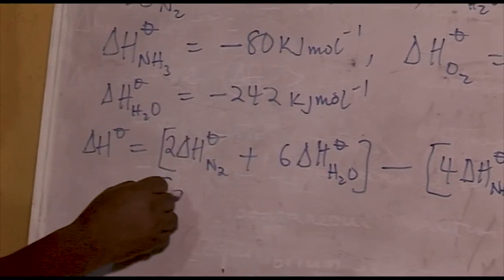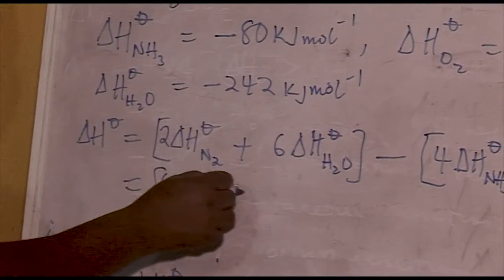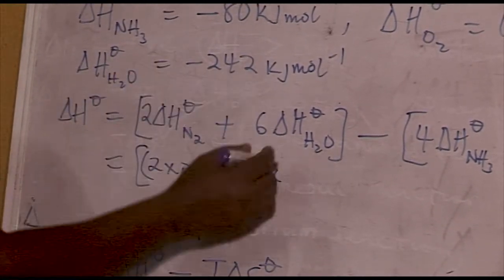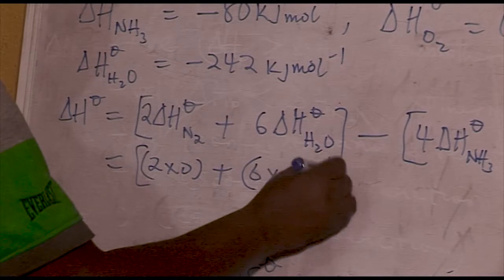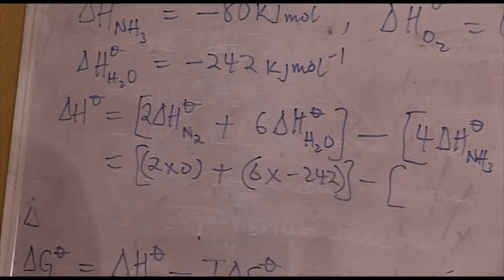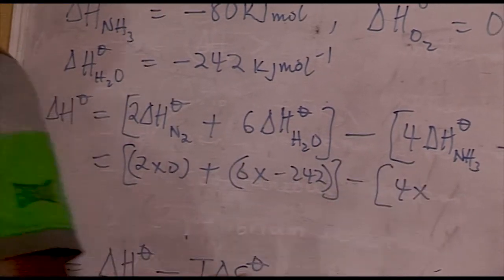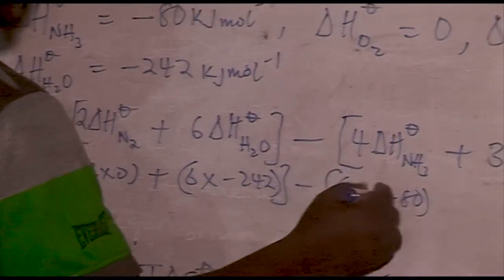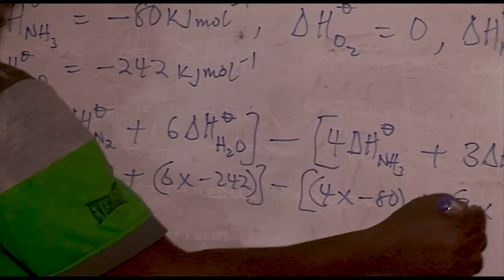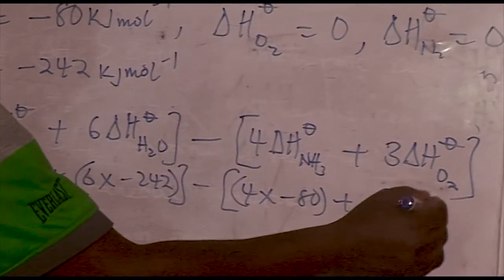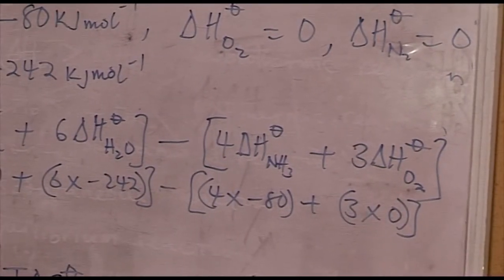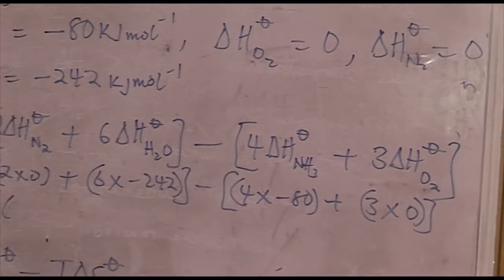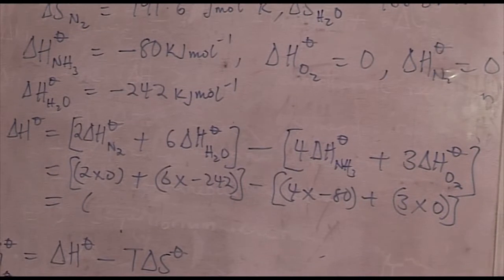So from the data given above, the standard enthalpy of nitrogen is 0. So 2 times 0 plus that of gaseous water, 6 times minus 242, minus that of ammonia, 4 times minus 80, plus that of oxygen, which is 0.